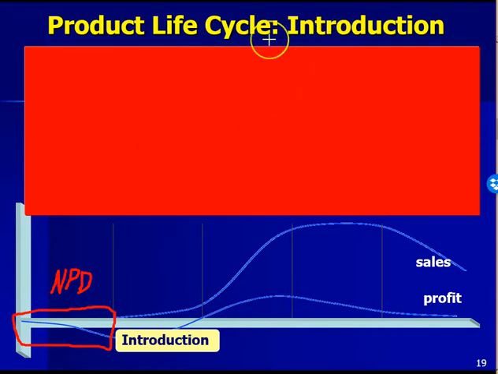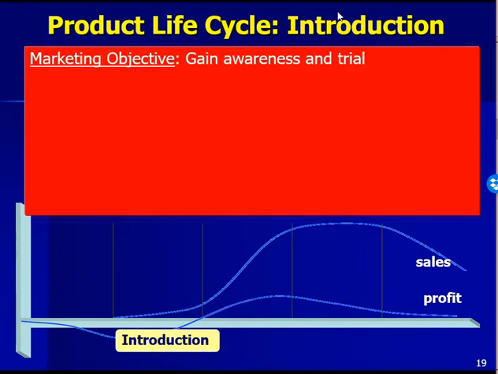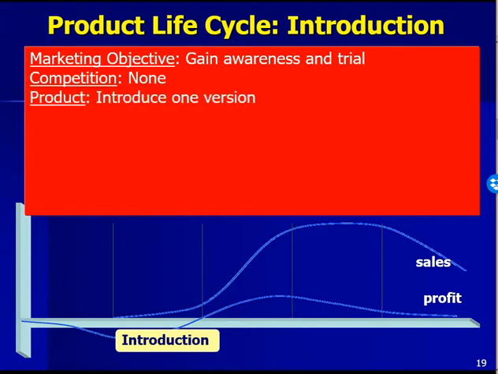So what actually happens in this phase? Well, first of all, our marketing objective is to gain awareness and trial with very little, if any, competition. With respect to our 4 Ps, in terms of our product, we want to introduce the initial version.